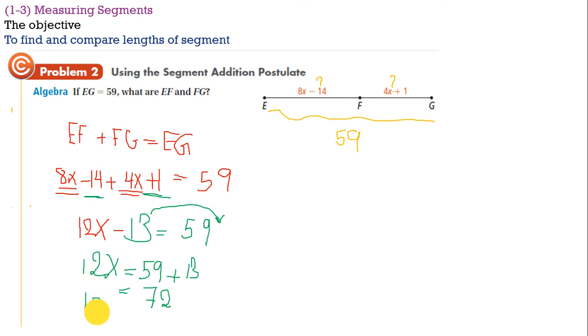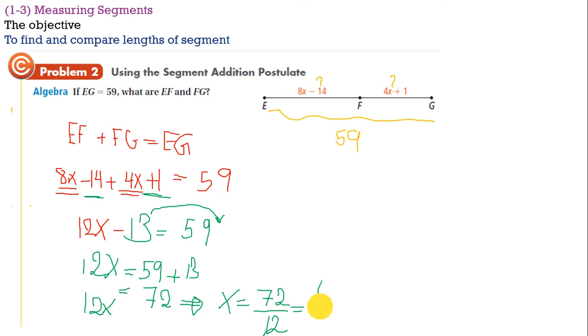So 12x equals 72. Then next, you need to move 12 to the other side by the opposite operation. So that will be x equals 72 over 12. I'm pretty sure you know how to divide, which will give you 6.